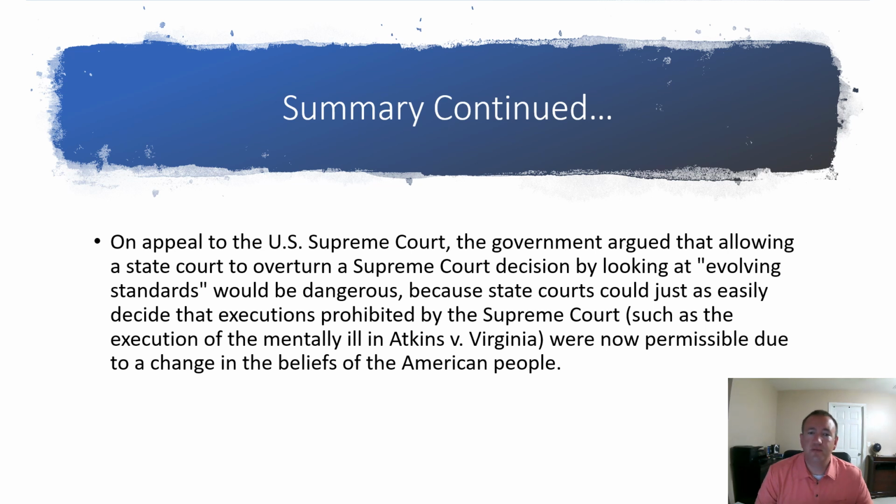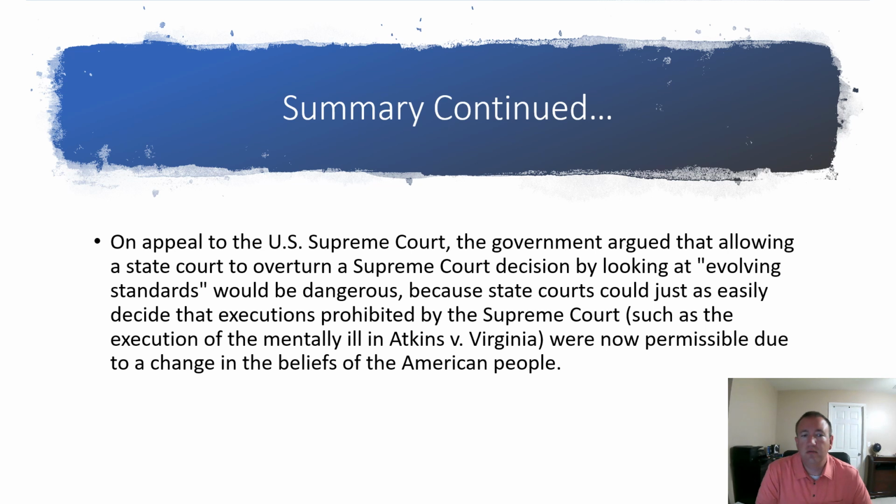So on appeal to the U.S. Supreme Court, the government argued just this. They argued that allowing a state court to overturn a Supreme Court's decision by looking at evolving standards, as they said, would be dangerous because, well, it could also work the other way. Because the state could just as easily decide that the execution prohibition by the Supreme Court, such as the execution of a mentally ill person in Atkins versus Virginia, was now permissible.